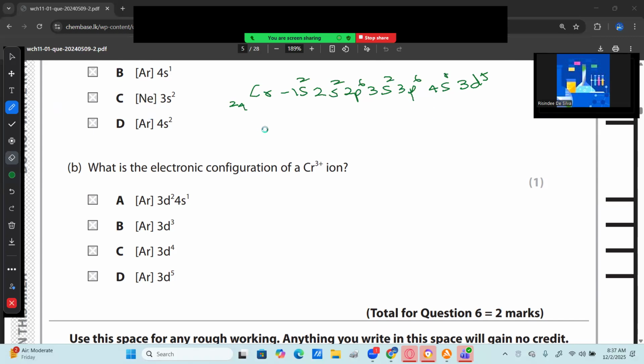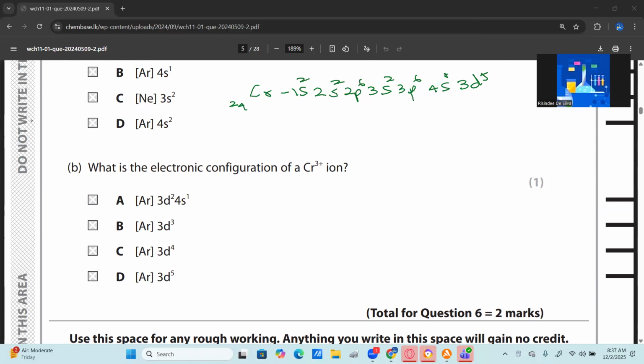When I'm removing 3 electrons from chromium, I should remove them from the outer shell, so it is 3d5 and 4s1. Removing 3 electrons, one 4s electron is removed and 2 from 3d.